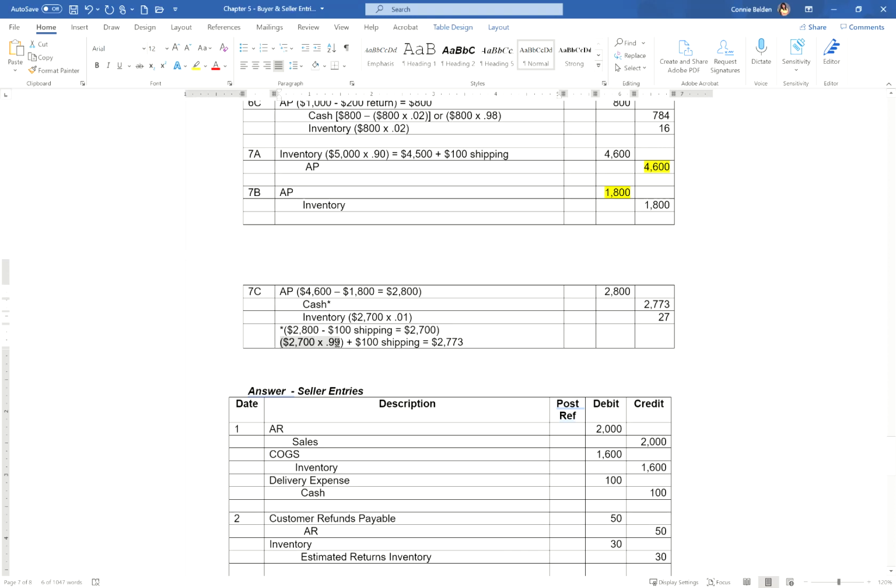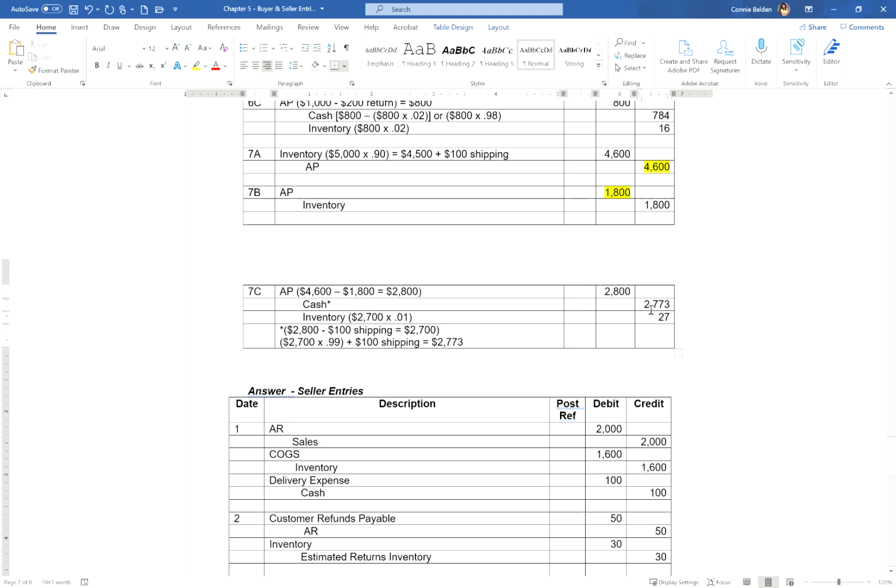I will then take 2,700 times 99% because I got a 1% discount, so I owe 99% of it. And then after I take that 1%, I will add the $100 shipping back in. Don't forget, you don't get a discount on shipping, and you have to add it back in. So cash is $2,773. Inventory is the 2,700 times 1%, the $27 discount.